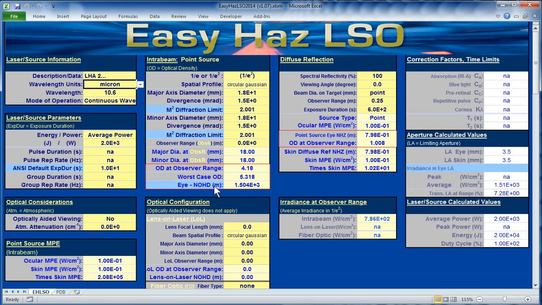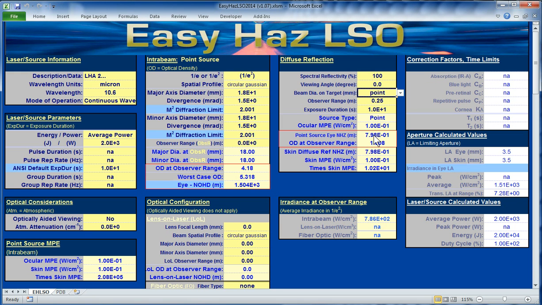Last thing I want to point out is we have the point source or the diffuse reflection NHZ is 0.8 meters, right? And notice something here that this is based off of 600 seconds. We'll want to take a look at that a little closer in a couple of examples. But what happens if I change that to 10? Does anything change?